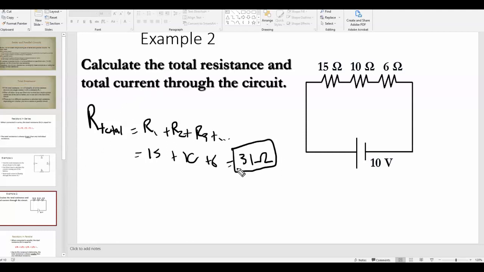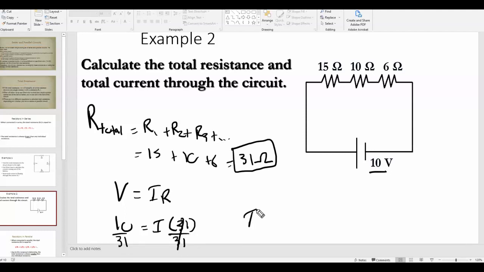The second part of the question asks us to calculate the total current through the circuit. Now that I have the total resistance, I can use V equals IR. I know the V is 10 volts. I don't know I, but I know R is 31. So I can divide both sides by 31 to get I by itself.